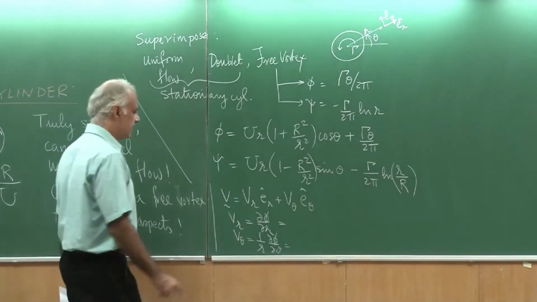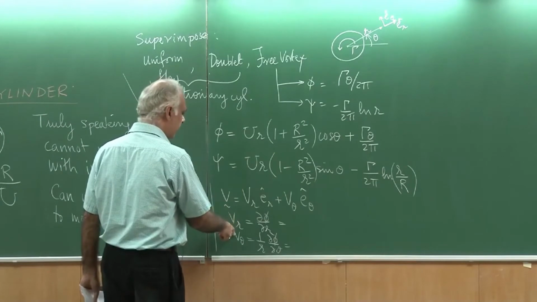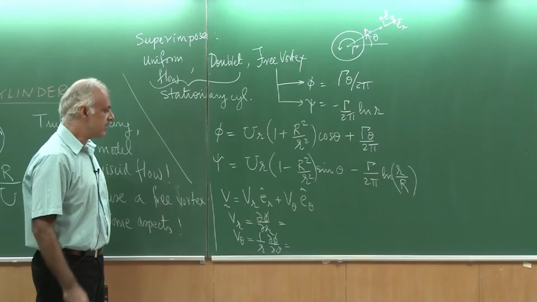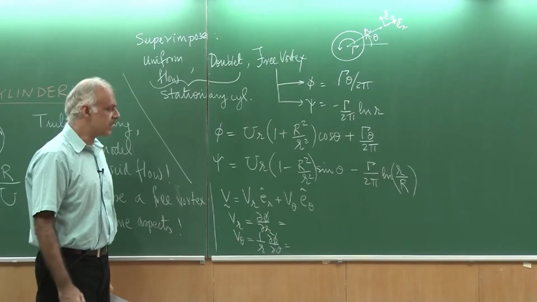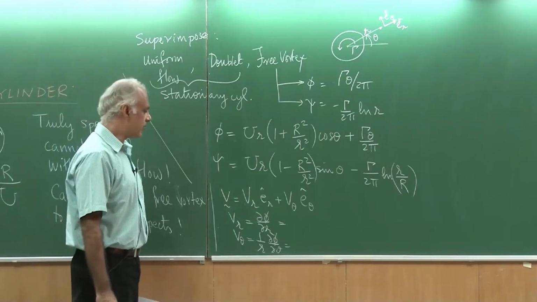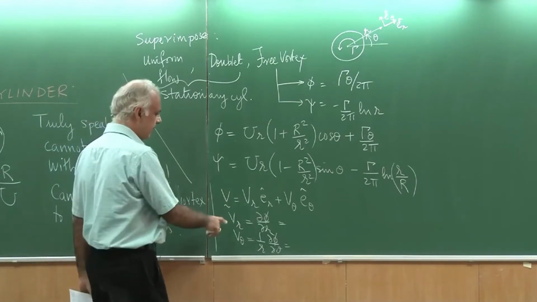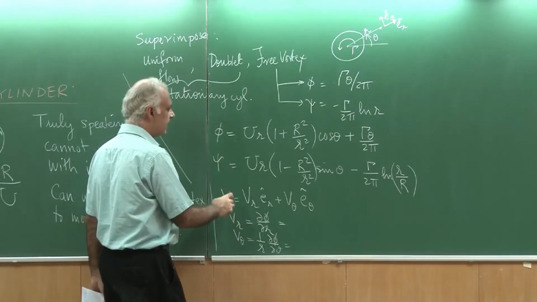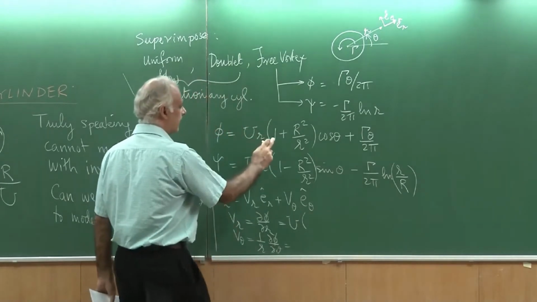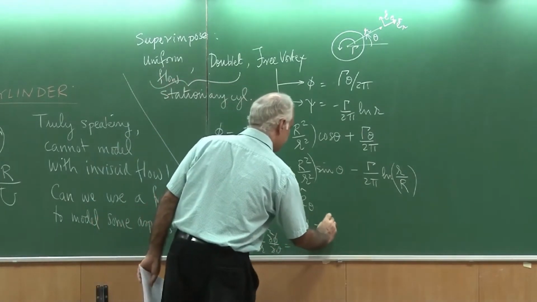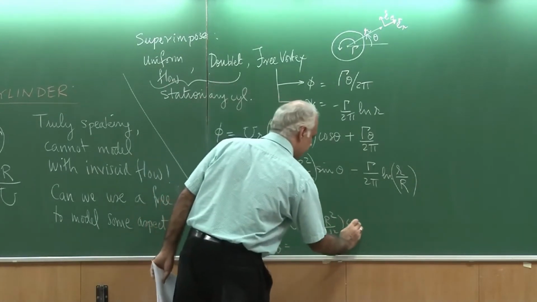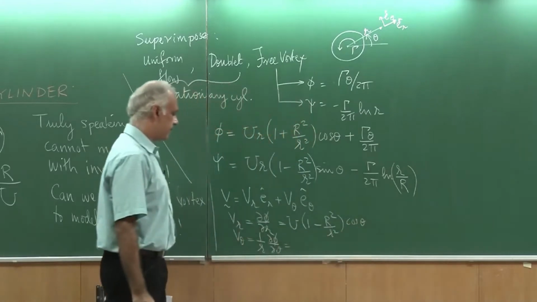Let us work these out. I can actually write down the expressions for V_r and V theta in terms of the stream function also, but I will refrain from doing that. You can do that as a homework exercise. I want to minimize the math here and focus more on the physics. So let us calculate V_r. That would be given as u times 1 minus R square by small r square, cosine theta.